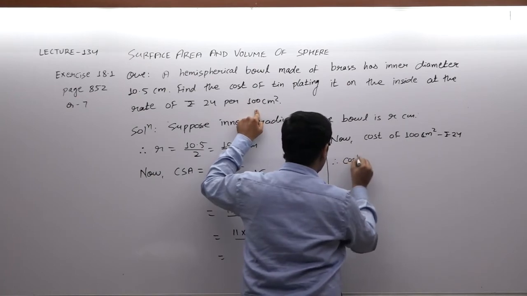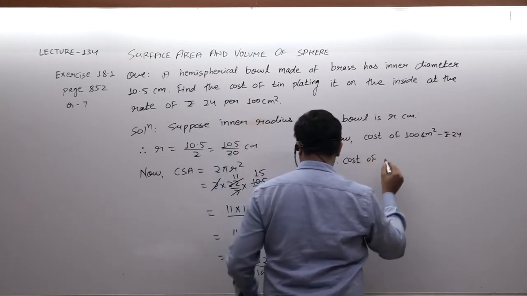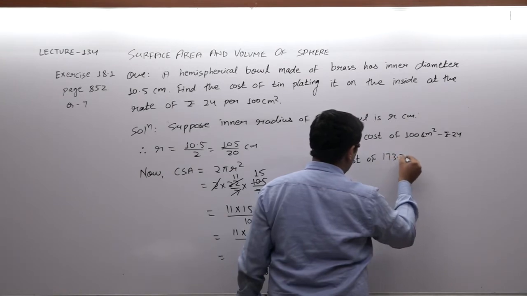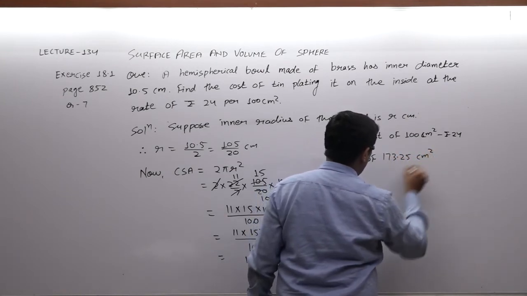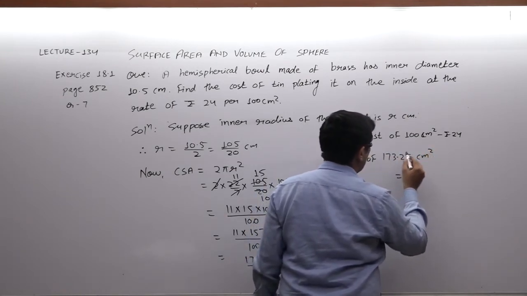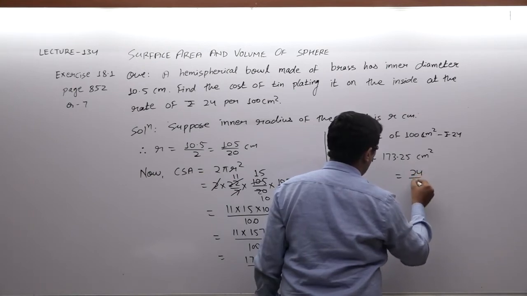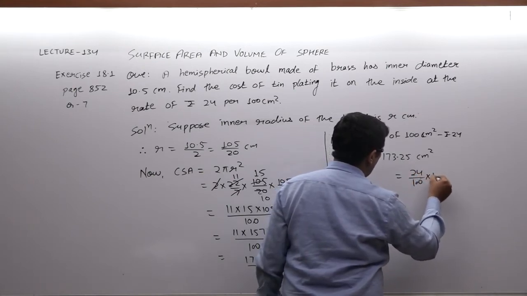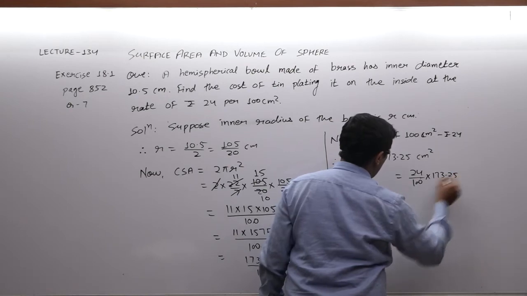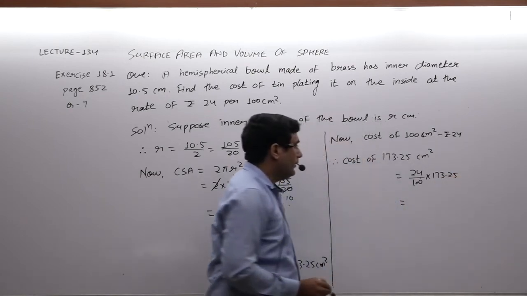Therefore cost of this 173.25 centimeter square is equal to 24 upon 100 multiplied by 173.25. If you multiply this, you will get your final answer.